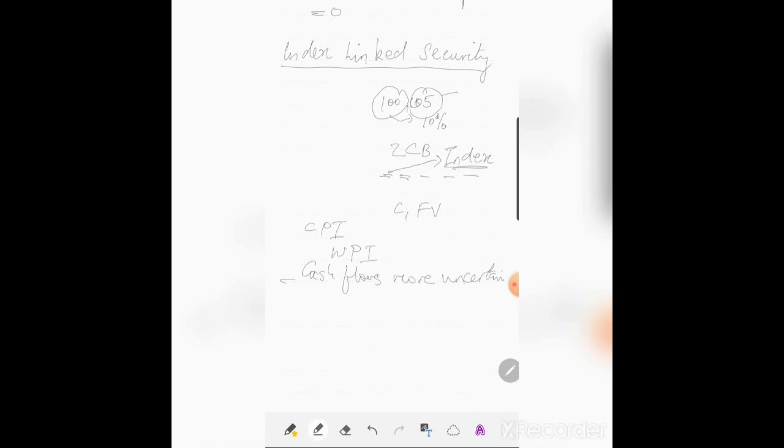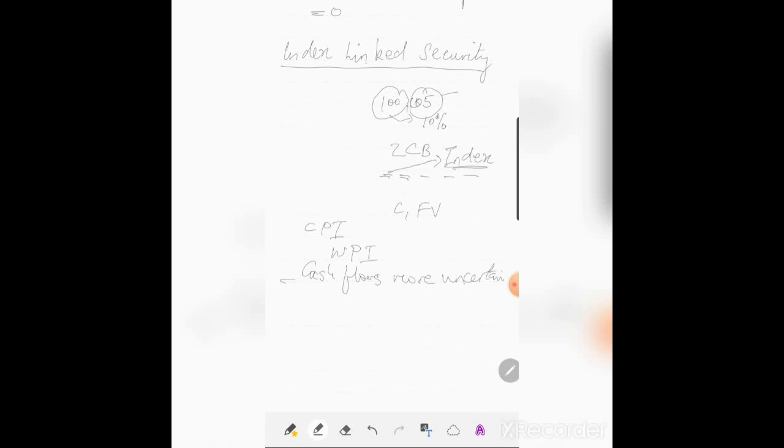So here, the only difference between the regular fixed interest and the index linked is that the future cash flows are unknown. Both for the coupons as well as the face values, the cash flows that are going to be received in future are unknown. Though we know that they may be positive, the exact value may be unknown.